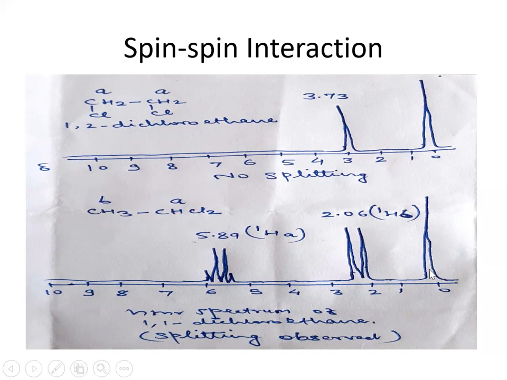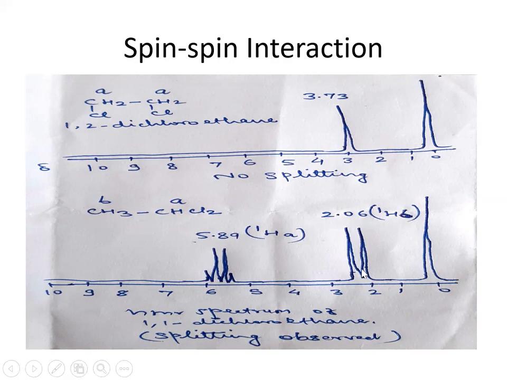Here, this signal is of TMS, which is used as reference material, and this doublet occurs due to the B-type protons, meaning these CH3 protons appear as a doublet in the NMR spectrum at delta value 2.06.